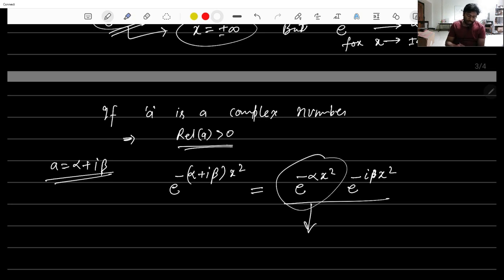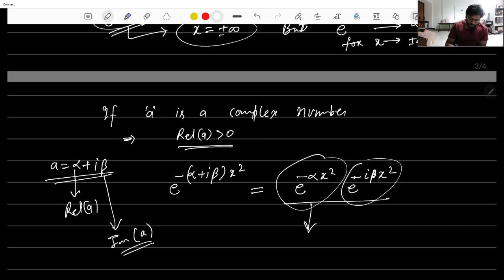So here alpha is the real part of a and beta is the imaginary part of a. Fine.